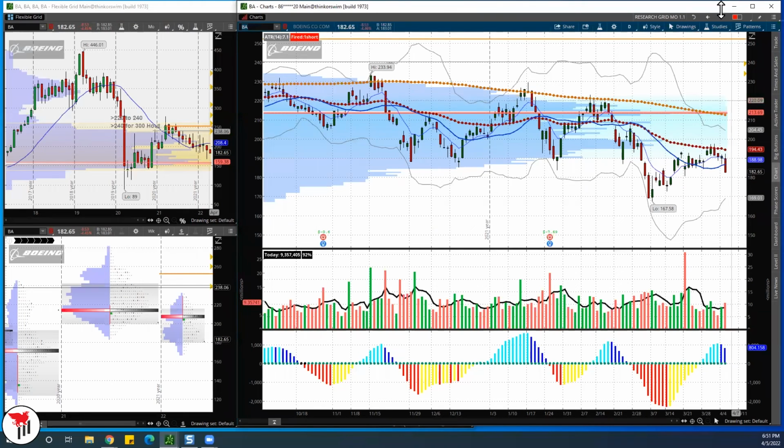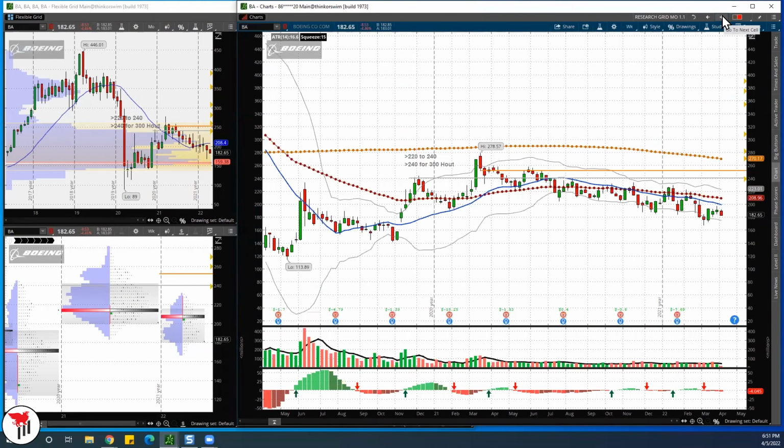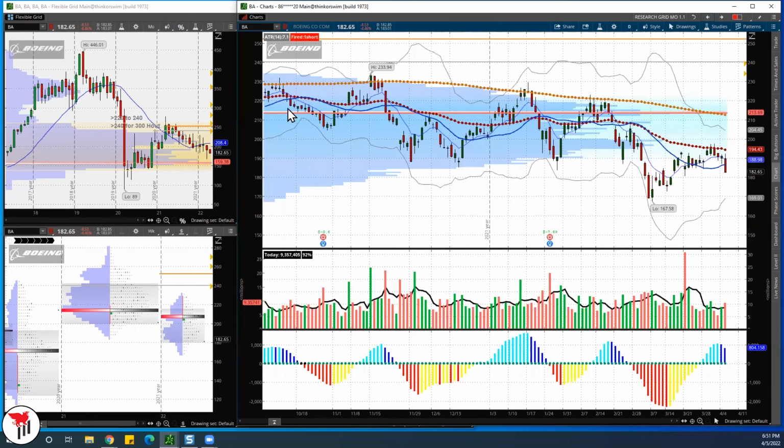So 182 is a little bit too high. Let me see the weekly, nothing right there. This is dead money, dead money. If you're a momentum trader, that's different, and you know how to short Boeing, 182 for 170 as a momentum trade. So no call on Boeing on my side, no call.